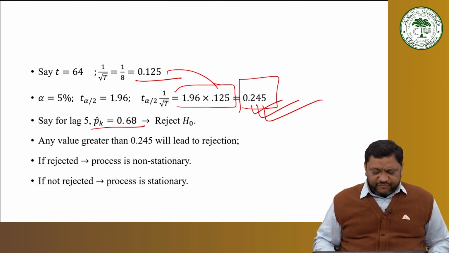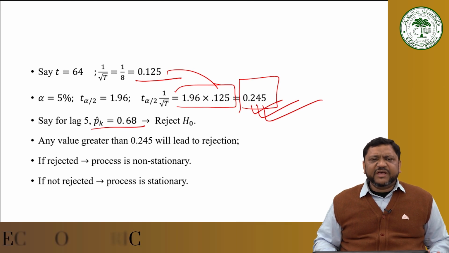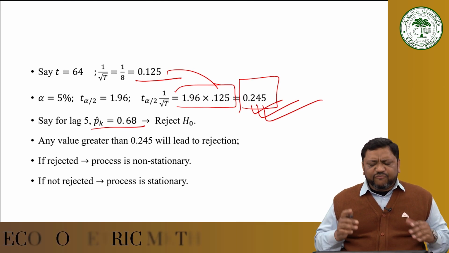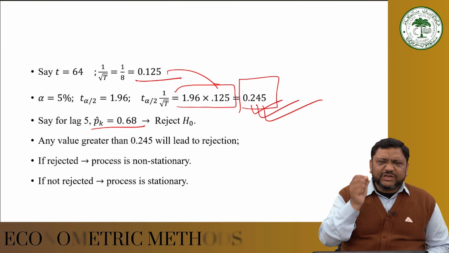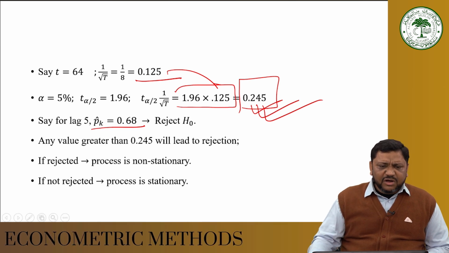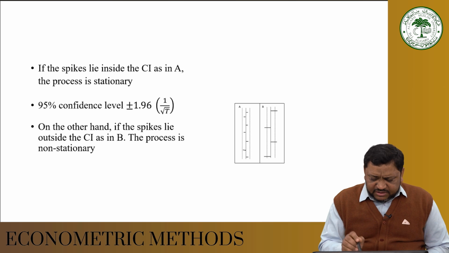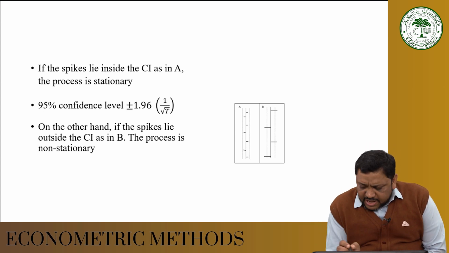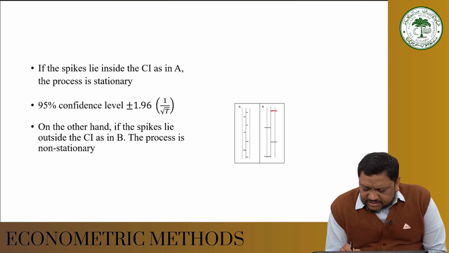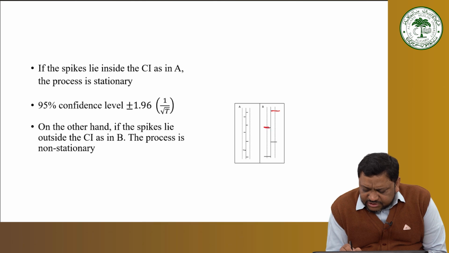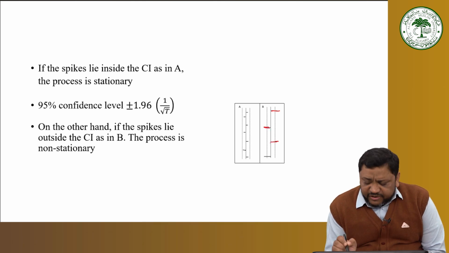So with this we have today introduced you to the concept of autocorrelation function, and we have seen what would be the case if we want to check for individual lags. Now if you see in this case, these spikes are the autocorrelation functions.